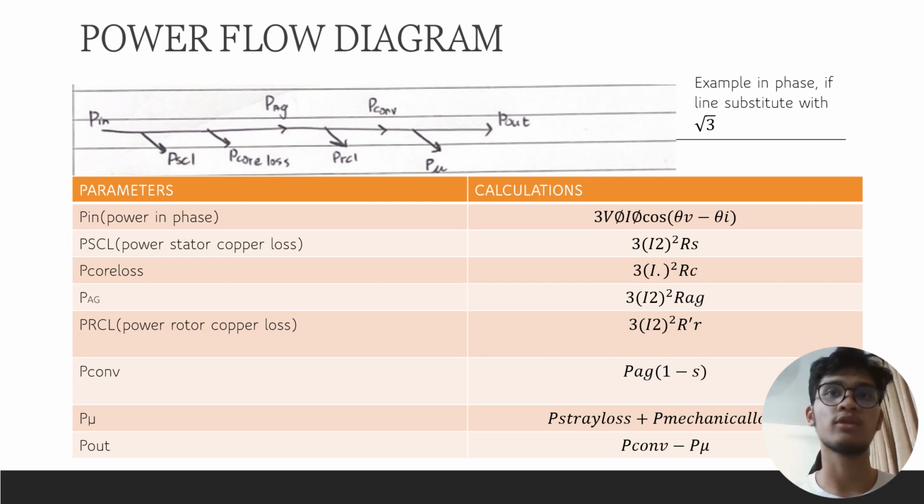For P in, the calculation depends on the type of connection. If in star connection, we have the calculation based on star connection, which is 3 V phase I phase cos theta. However, if the connection is in delta, we need to change it.